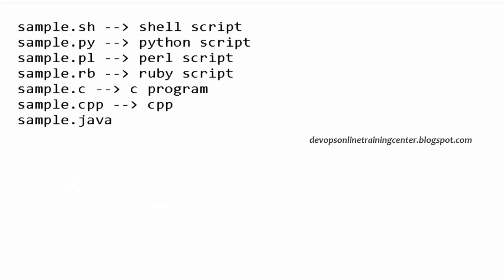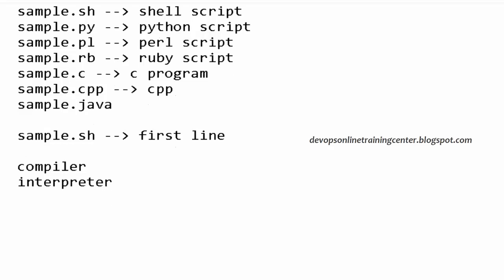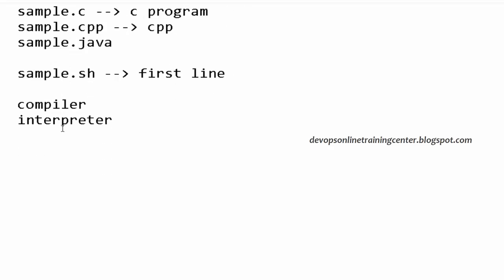So what is the first line in a shell script and how do we execute a shell script? There are two kinds of programs. You write a program and you compile it, and to execute a program there is the compiler and the interpreter.